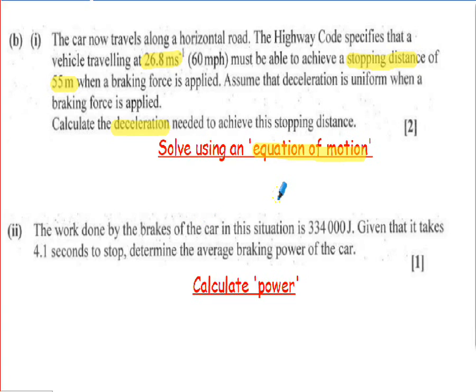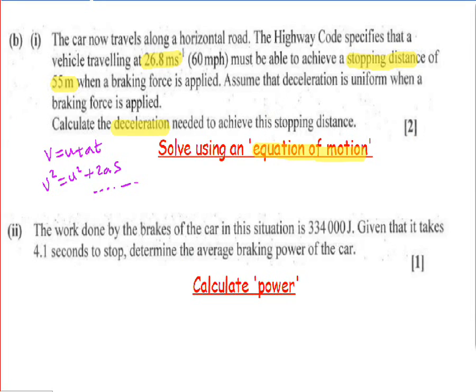Alright, so read the contents of the question. The car is travelling on a horizontal road at a particular speed, and then it comes to rest in a particular distance. We've got to find the deceleration associated with that stopping. If you go back to your equations of motion, those are the kind of things where you see v equals u plus at, and v squared equals u squared plus 2as, and there are two more equations that you can look at, and you've got to find the equation that fits the information from the question.